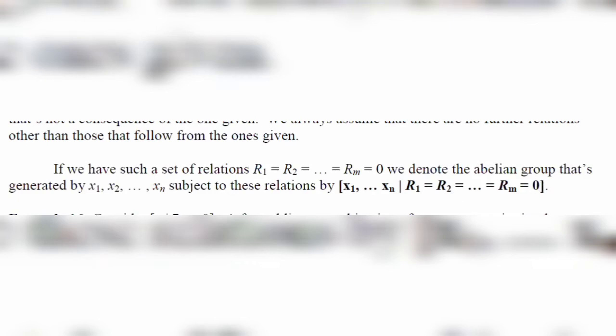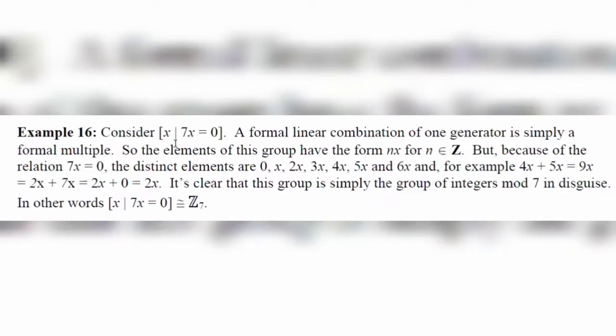In this regard, we do an example which considers x such that 7x equals 0. A formal linear combination of one generator is simply a formal multiple. So the elements of this group have the form nx, where the coefficient belongs to the integers, but because of the relation 7x equals 0, the distinct elements can be 0x, 1x, 2x, 3x, 4x, 5x, and 6x.